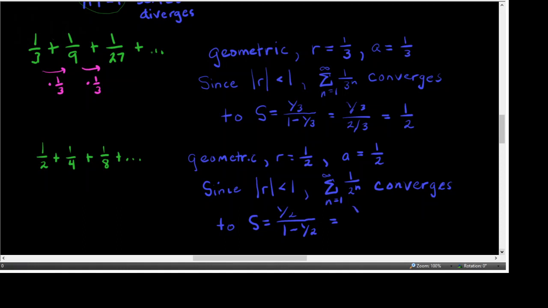So that's 1/2 divided by 1/2, which is 1. And that's the same answer we got before. So in both cases, this procedure is way faster. So when it's a geometric series, this is the way you want to do it.